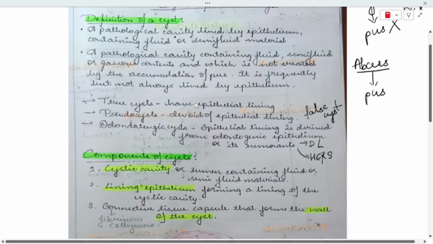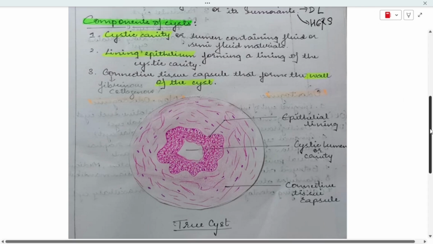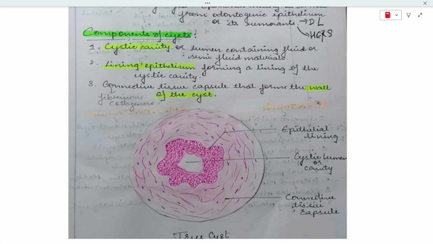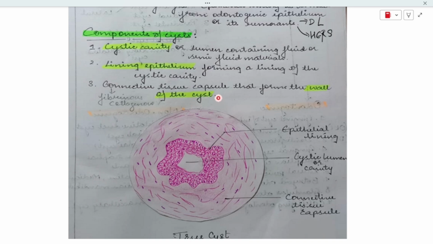Then we'll move to the components of a cyst. This is just an elaborate explanation. It consists of the cystic cavity, the lining epithelium and the wall of the cyst. As I told, it is a pathological cavity.